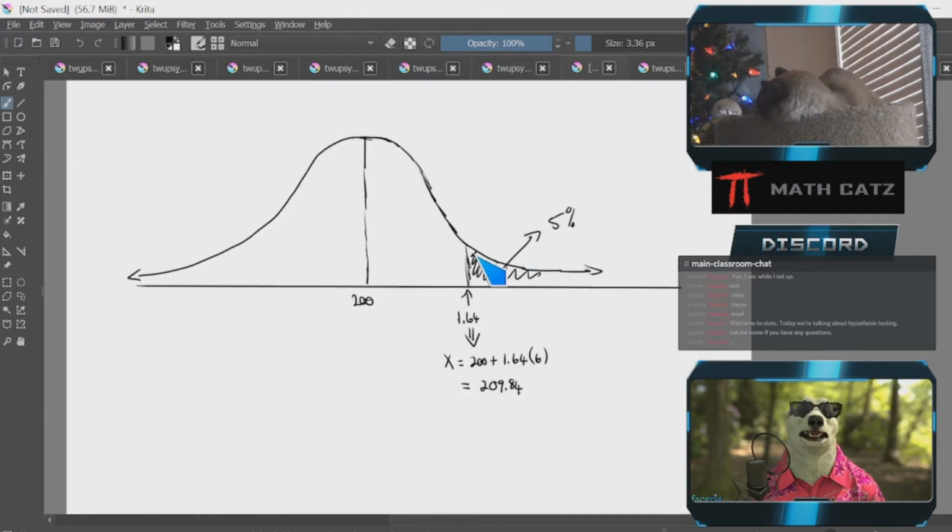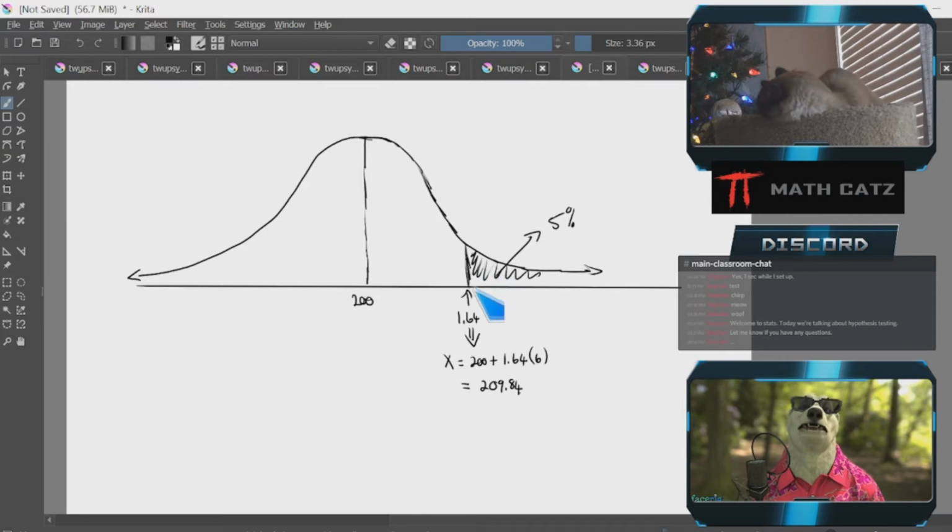in our comparison distribution. We have an alpha of 5%. That's what we're okay with to decide if we should reject the null hypothesis when the evidence is strong enough, that if I get something out here, that's pretty unlikely. I'm going to see that as evidence that the mean is in fact not 200, but a change has occurred.